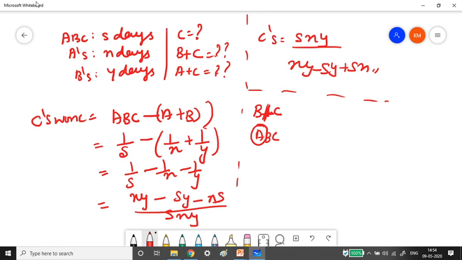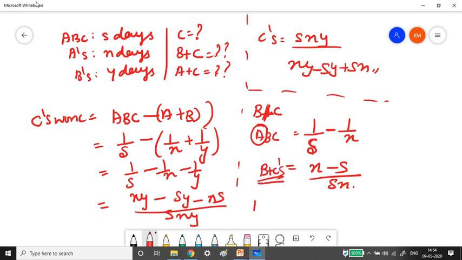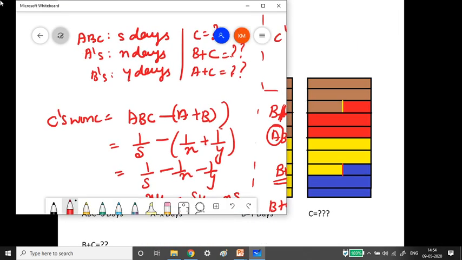So this can be calculated by 1 by S minus only A's work, 1 by X. If you take LCM, (X minus S) divided by SX. So this is B plus C's 1 day work. So B plus C can complete the whole work in SX divided by (X minus S) days. That's it. Very simple.